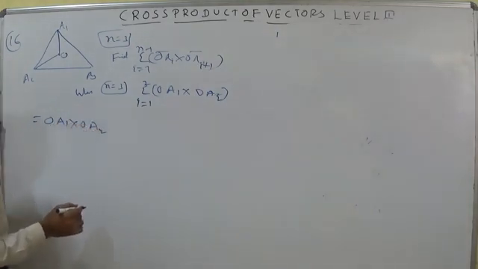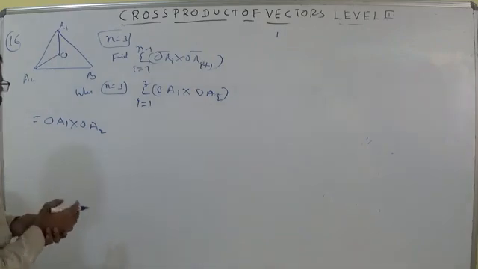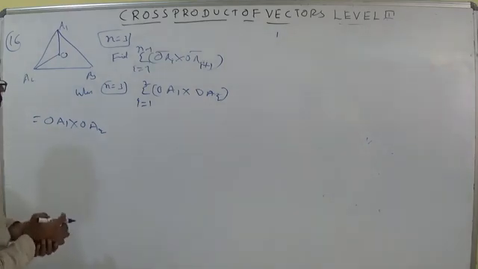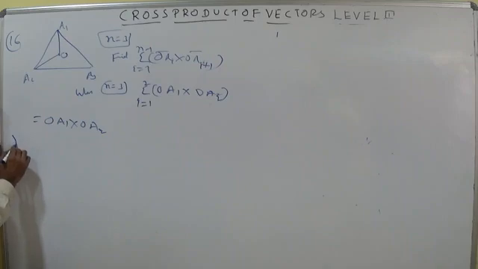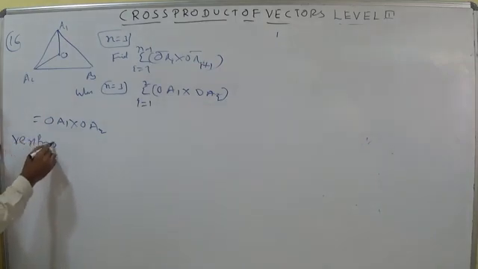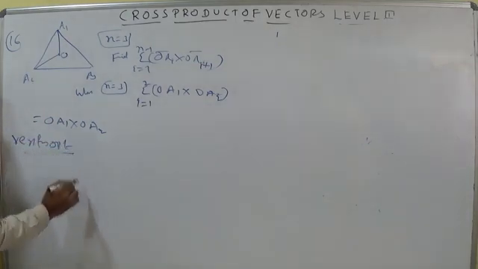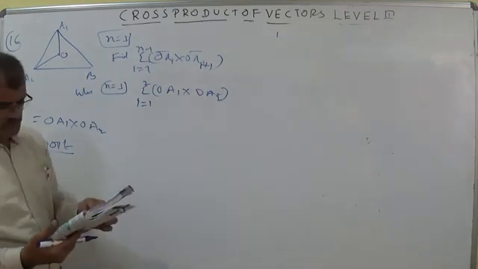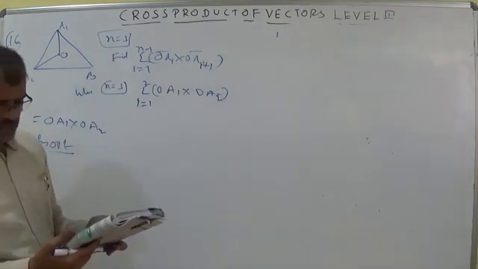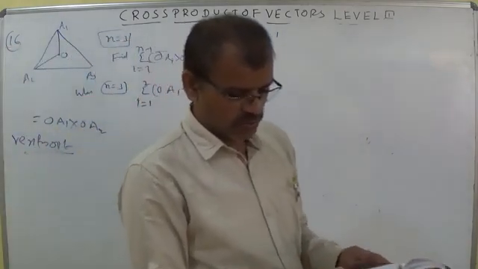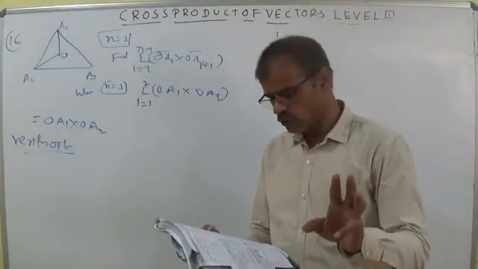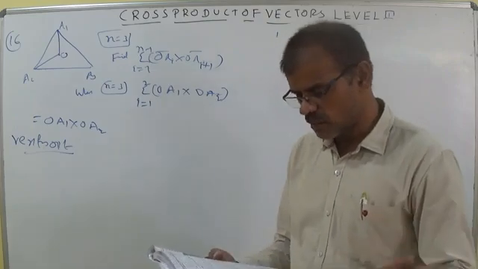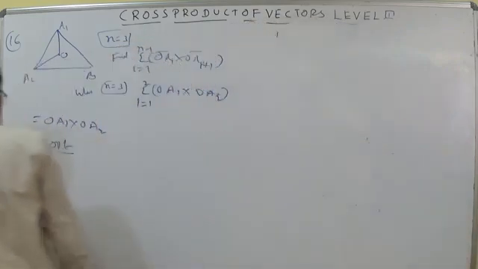Simply OA1 cross OA2. Verify the options. N is equal to 3 we have taken, so n minus 1 becomes 2 and n plus 1 is 4. Only the fourth option or the third option. For OA1 cross OA2, only the third option is right.